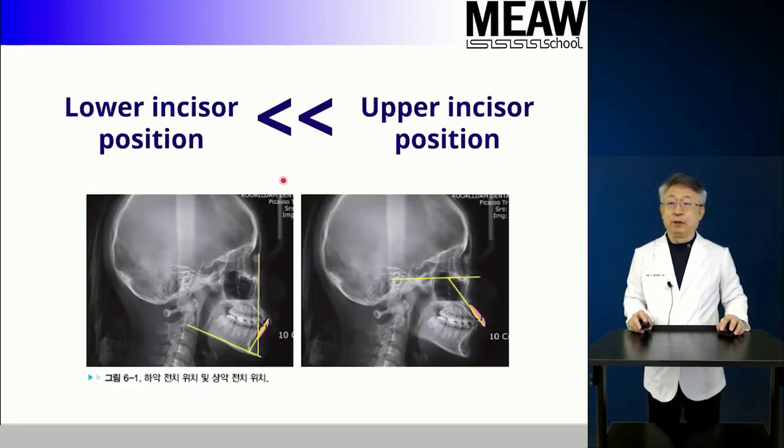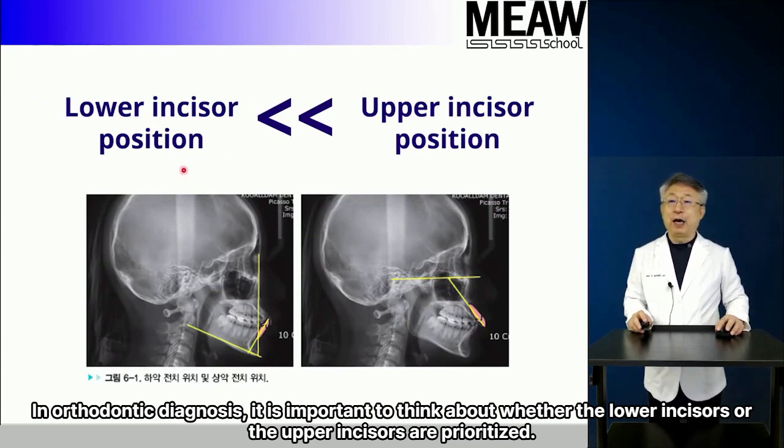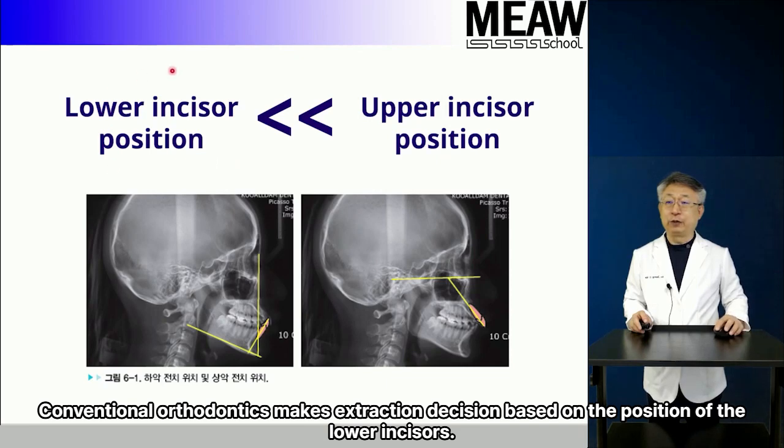In orthodontic diagnosis, it is important to think about whether the lower incisors or the upper incisors are prioritized. Conventional orthodontics makes extraction decisions based on the position of the lower incisors.